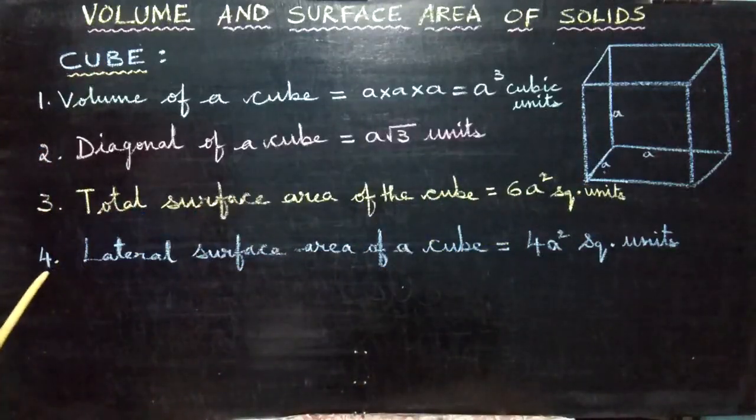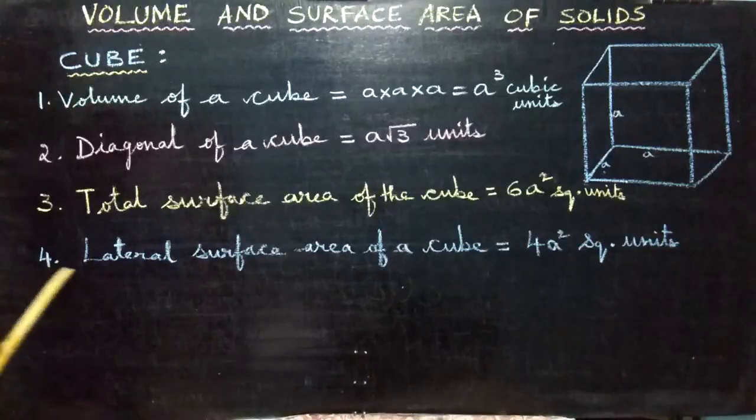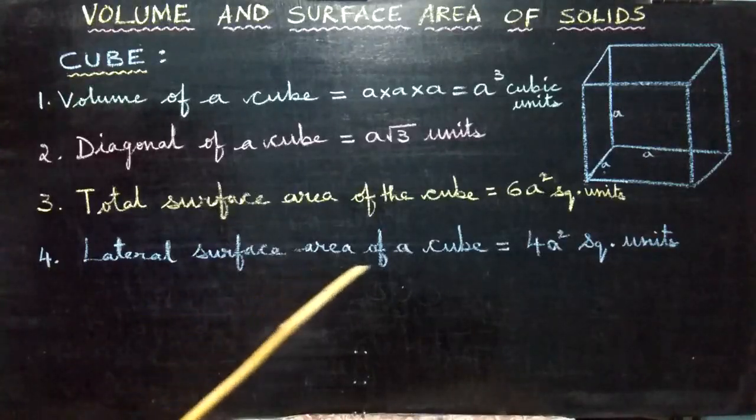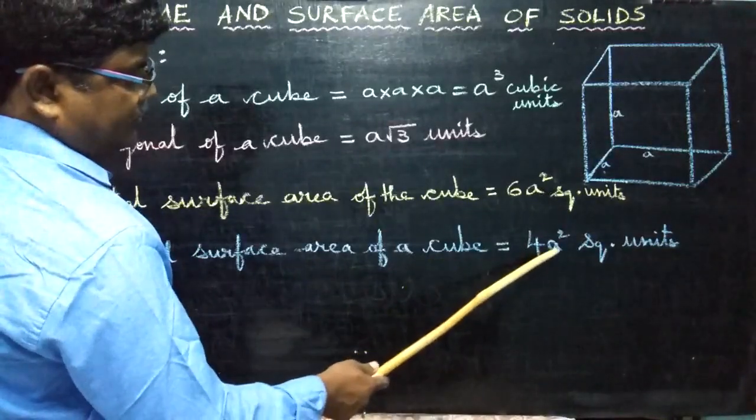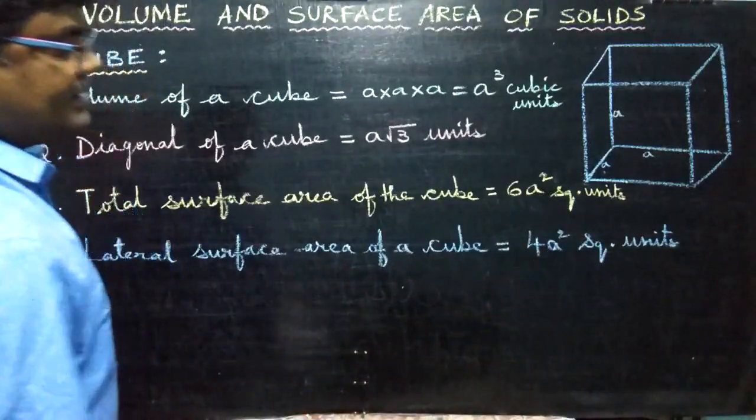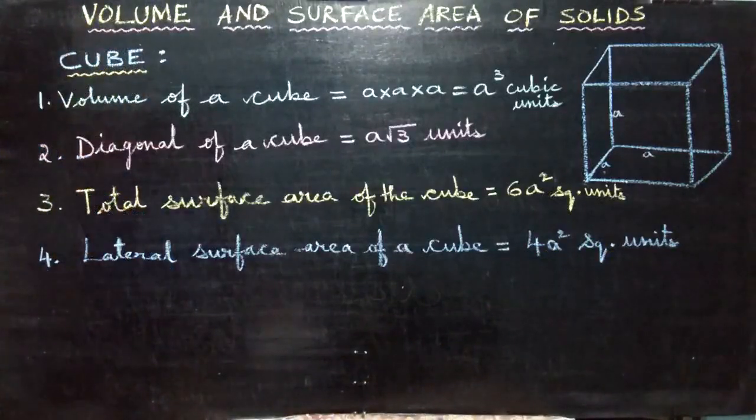Next, fourth one, lateral surface area of a cube, 4A square, that is 4 into area. These are the formulas. You have to read, learn and learn by heart.